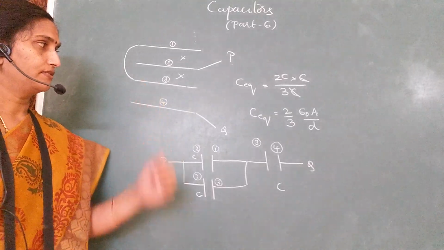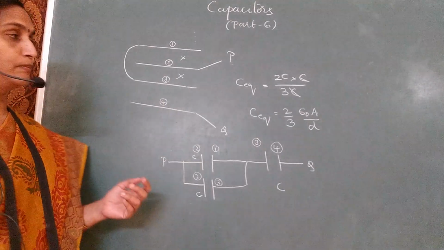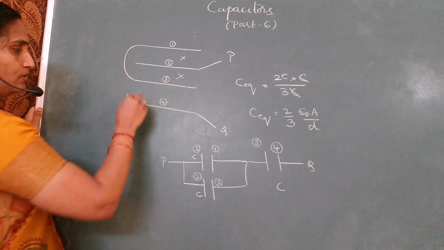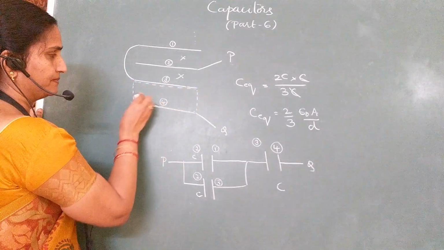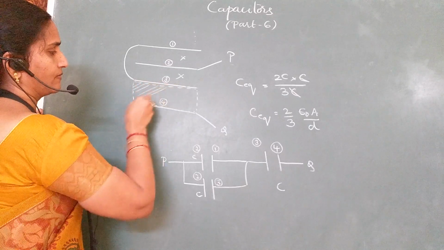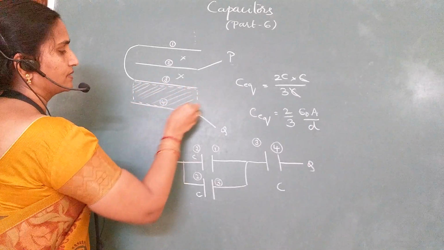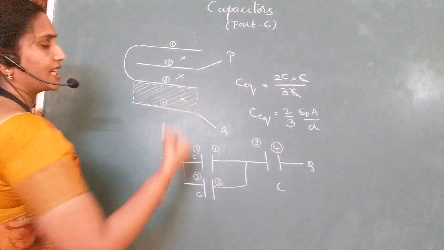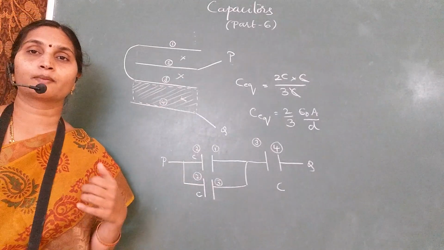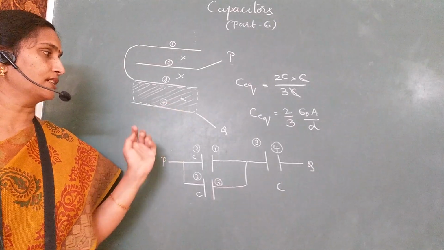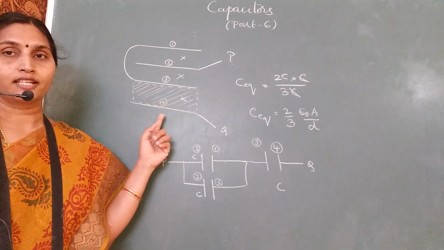And sometimes when they are asking you this type of questions, there may be a dielectric also filled. Suppose between 3 and 4, there is a slab of dielectric constant K. We have already seen in parallel plate capacitors that when you fill a dielectric, capacitance will increase by K times.